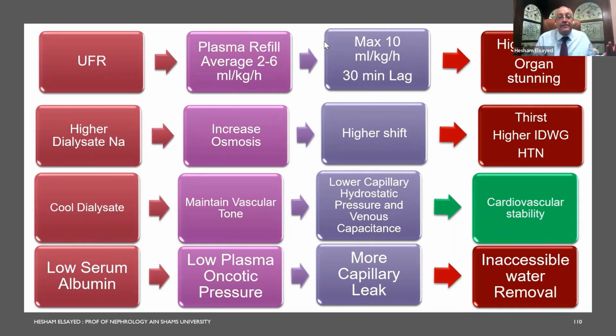Now we understand the plasma refilling, so don't push ultrafiltration in the first hour. We understand higher dialysate sodium will cause thirst, higher interdialytic weight gain and hypertension, cooler dialysate gives cardiovascular stability, and with low serum albumin, you have to manage the patient with a nutritional consultation.